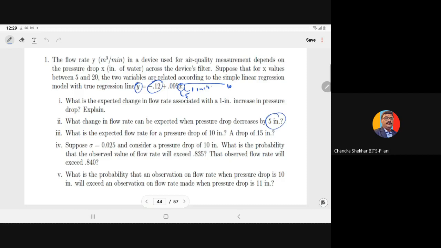Suppose sigma is equal to 0.025 and consider the pressure drop of 10 inch. What is the probability that the observed value of the flow rate will exceed 0.835? And what is the probability that it will exceed 0.840?